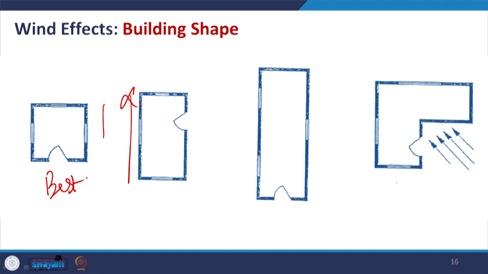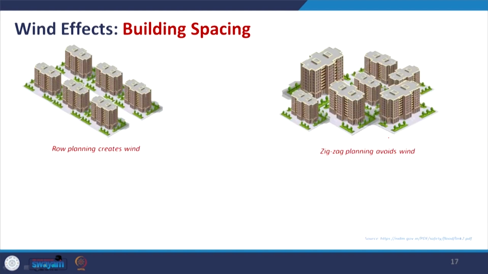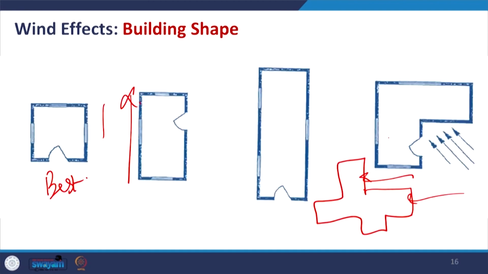And if we have this L shape, or sometimes the shape is irregular, that may create some problem, due to the unequal sharing of the lateral wind load among the different components.